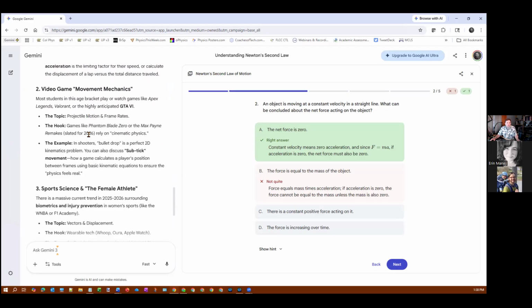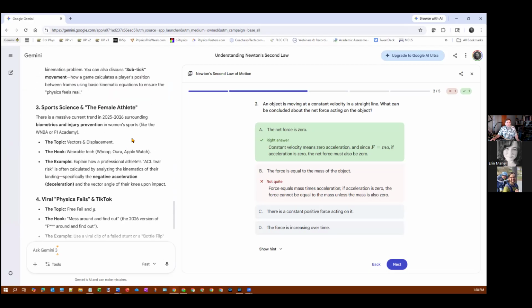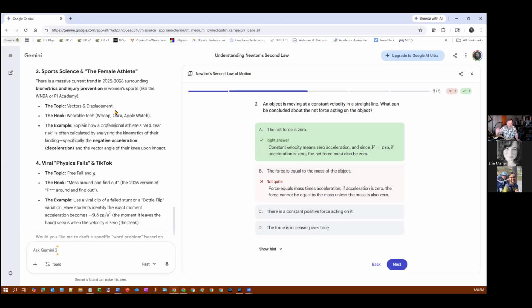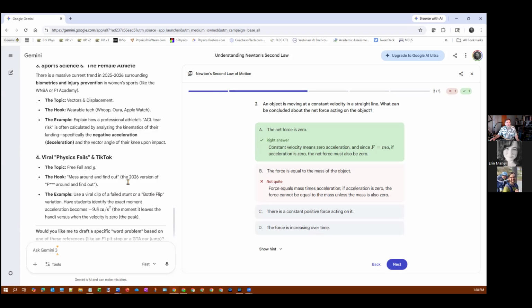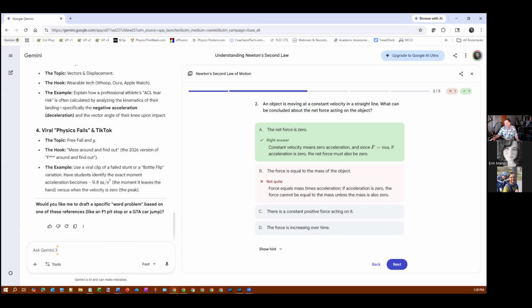Video games. Okay, biometrics in women's sports. Again, that's not necessarily something that I would think of, although I do have a couple with people throwing footballs and so on. Oh, physics fails in TikTok. Okay, so none of these were really out there.